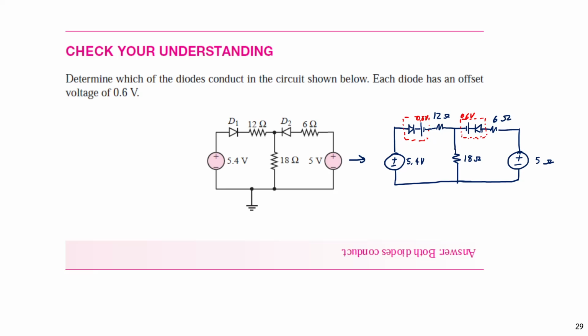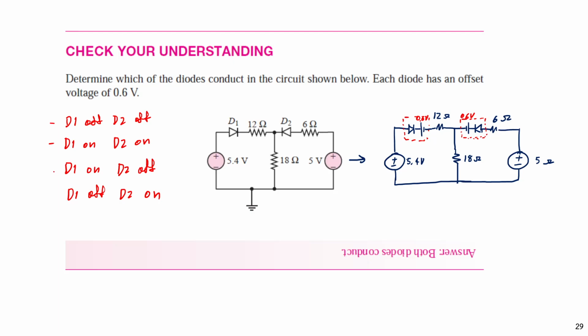For D1 and D2: both non-conducting, D1 off, D2 also off; D1 on, D2 on; D1 on and D2 off; D1 off and D2 on.